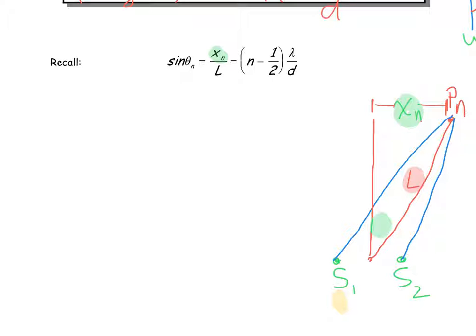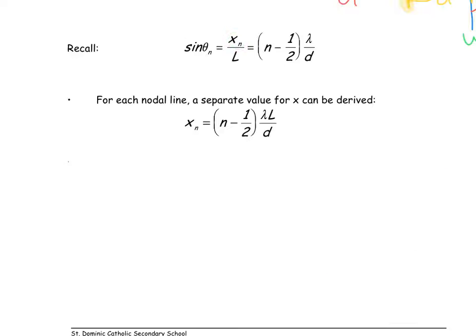D is, of course, you'll remember, the distance between my point sources, like that. So for each nodal line that I see, I can isolate X here. All I've really done is taken this part of the formula, and I've taken L, and I've isolated my X, which is really just my horizontal distance from the perpendicular bisector out to that point.